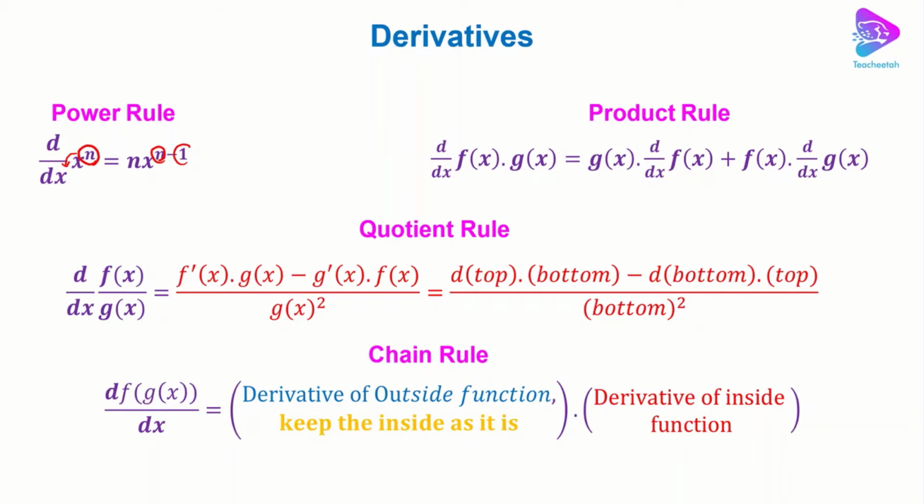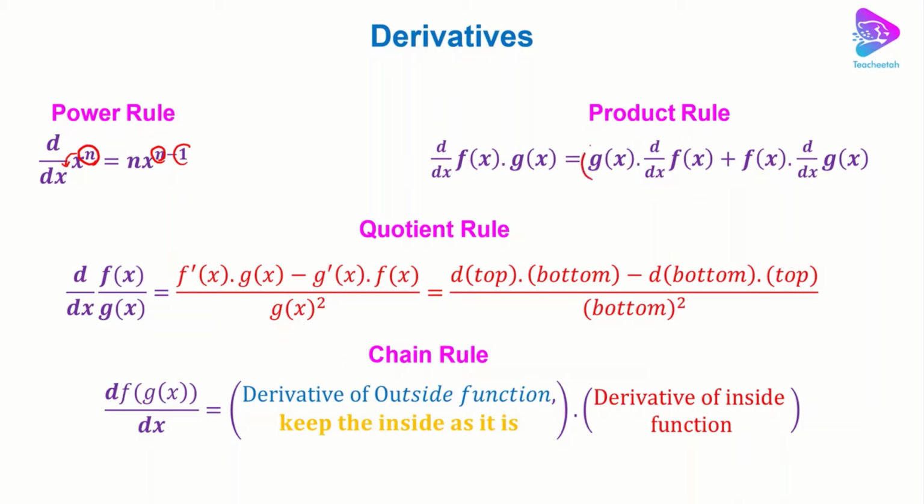The other rule that we looked at was the product rule, and the product rule says when we have two separate functions that are being multiplied, like f(x) times g(x), what we have to do when we want to take the derivative is keep one function as it is.